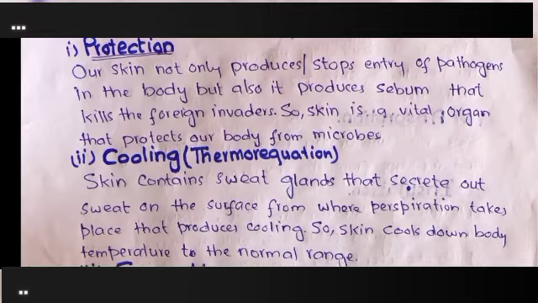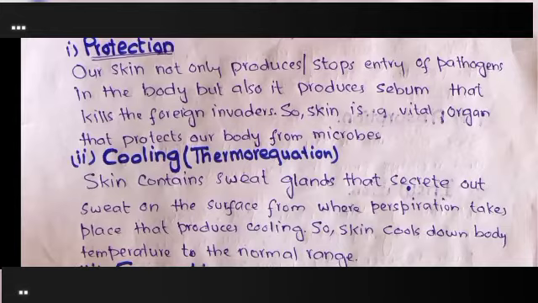The next function of skin is thermoregulation. In both extremes, when the external environmental temperature is more than our body temperature, or less than our normal body temperature, skin plays its vital role to thermoregulate the temperature of the body.